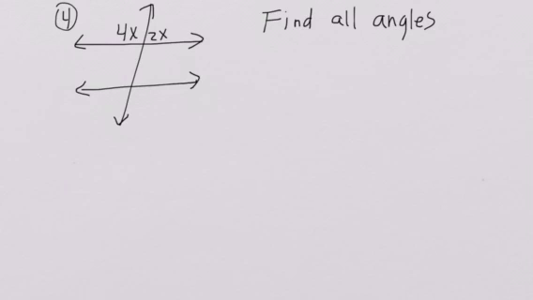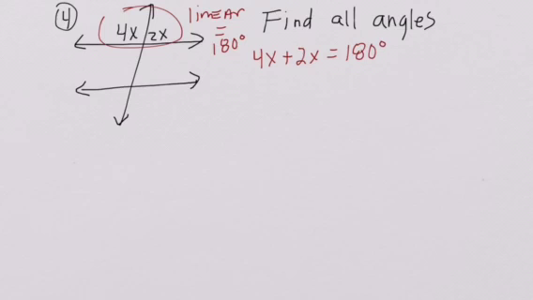All right, now in this one we have to find all of the angles. These two angles are linear angles, and we know that linear angles equal 180 degrees. So that's where we're going to start. 4x plus 2x is equal to 180 degrees. 6x is equal to 180.